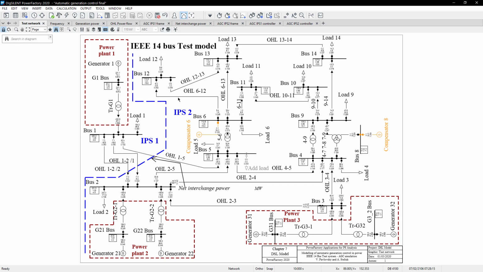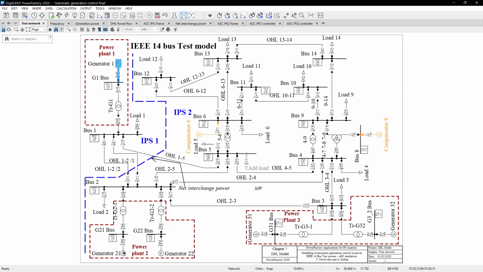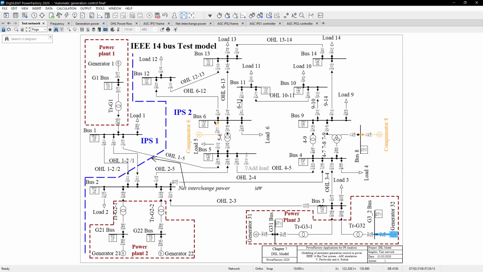However, they did a very good job. They include some generation control, some prime movers, some governors over there, okay? As you can see over here, let me show you. This is generator 1. There is a generator model over there. Generator 21, generator 22, and generator 32, okay?